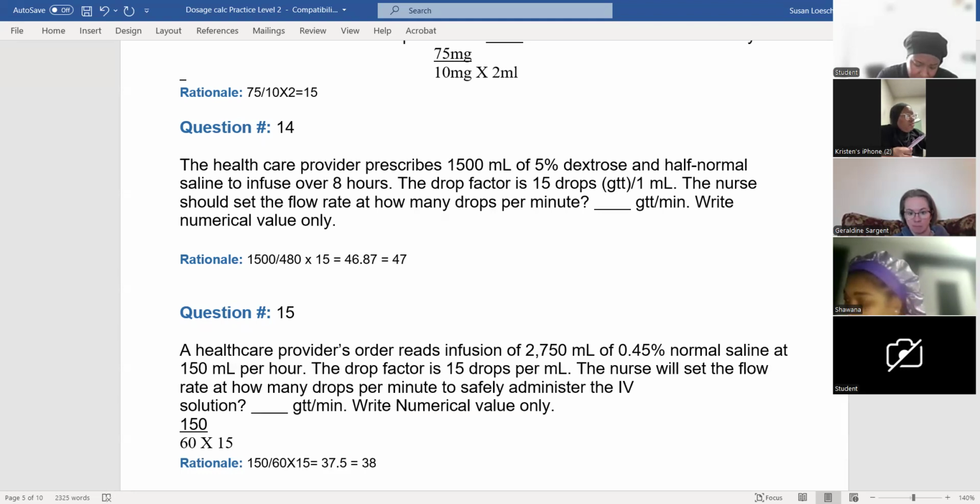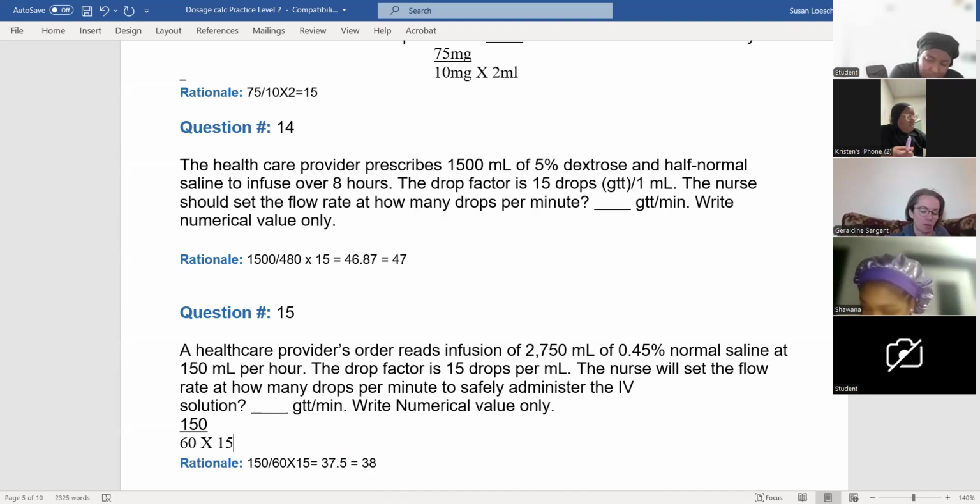All right. Let's say you did do it the other way. All you would have to do, let's go ahead and go back to the calculator for a minute. Put the 2750 in there and divide it by the 150 and then take that really long number, that 18.333, and multiply it by 60. And that should give you 1100. Now take your 2750 because that's your total volume.